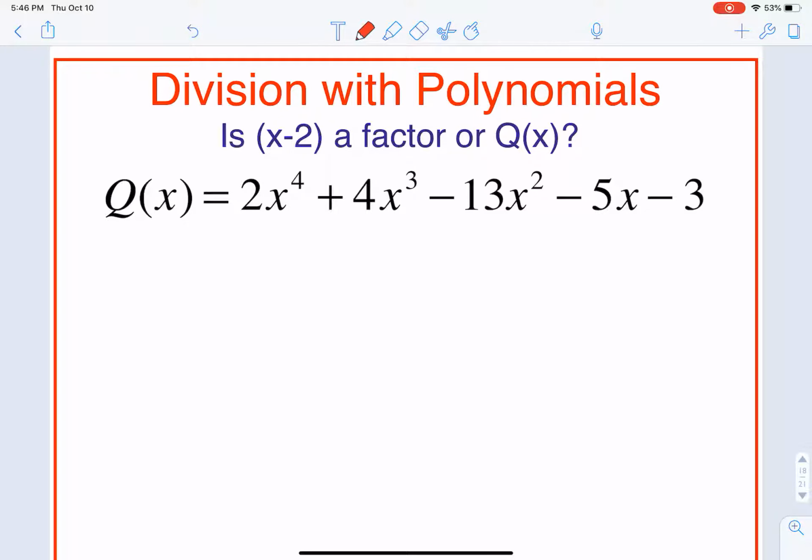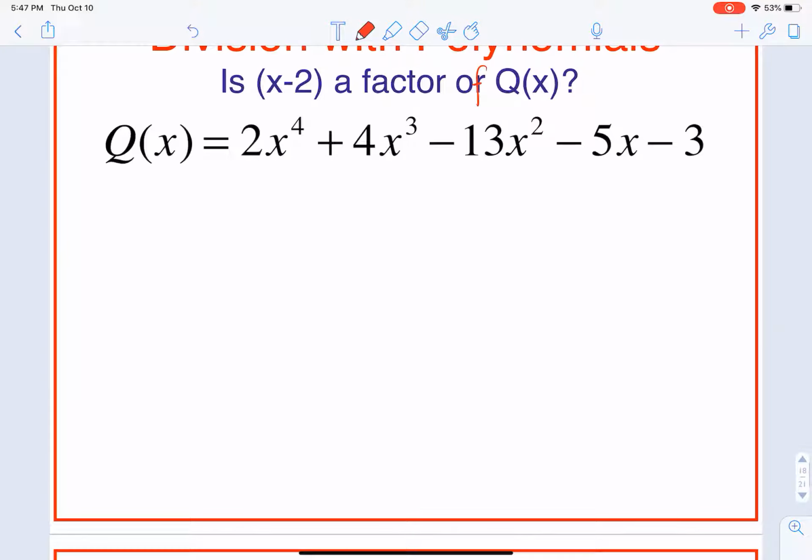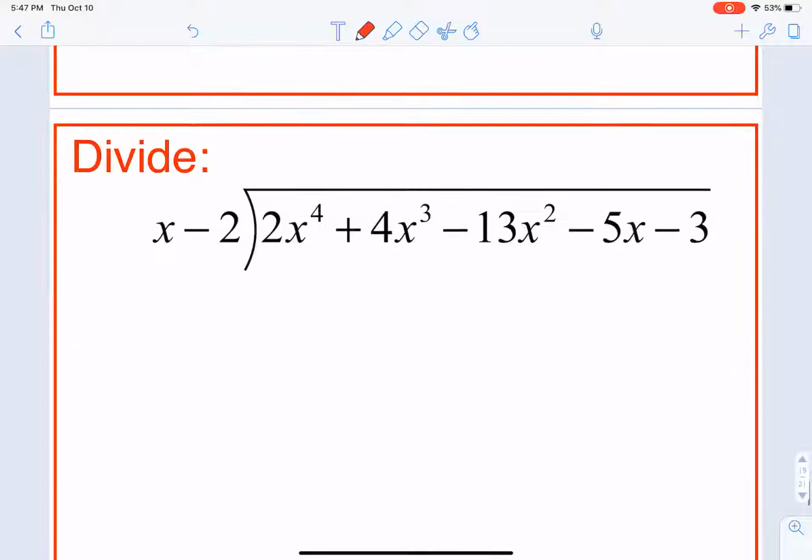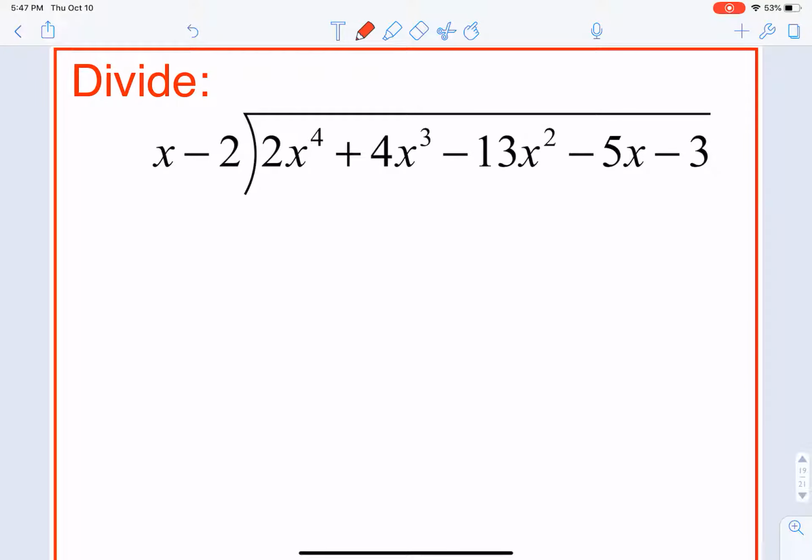So let's see, is x minus 2 a factor of, this should say of, that's silly, sorry for the typo guys, of q of x. So I need to make sure that my dividend here is written in standard form and I have all my placeholders. I have x to the fourth, third, second, first, and then my constant. So let's go ahead and divide here.